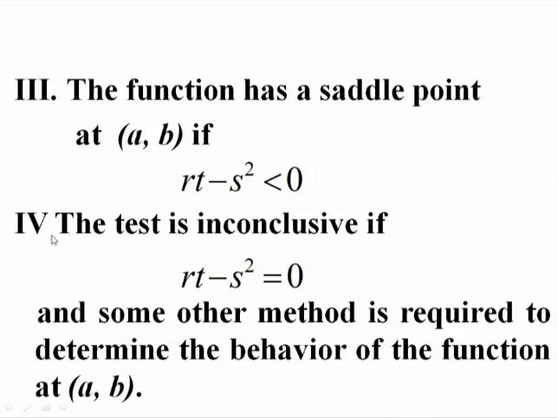And this test fails or is inconclusive if rt minus s square is equal to 0, and we need to use another method to determine the behavior of the function at this point (a, b). Let us take one example of finding maximum or minimum value of the function.